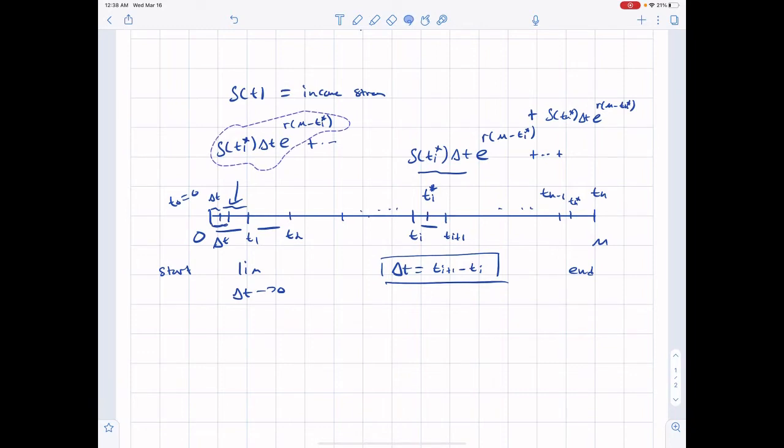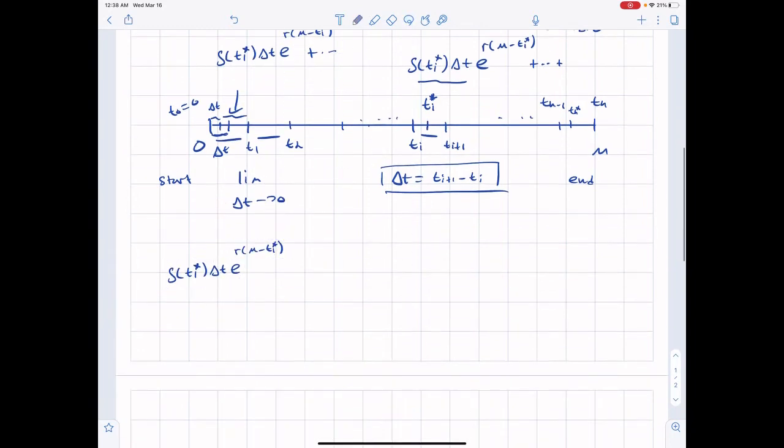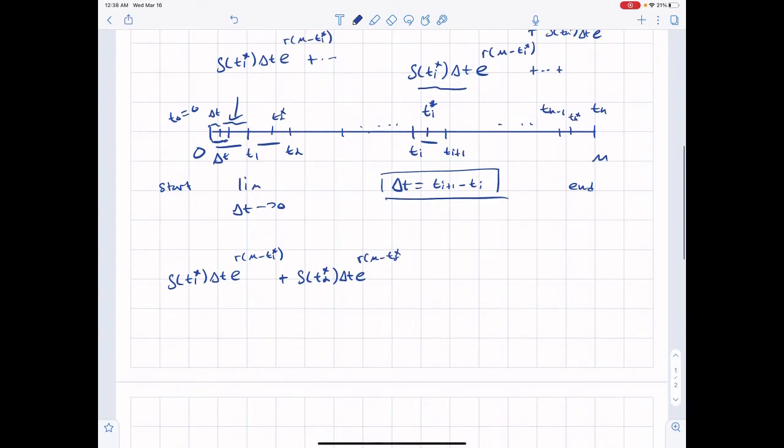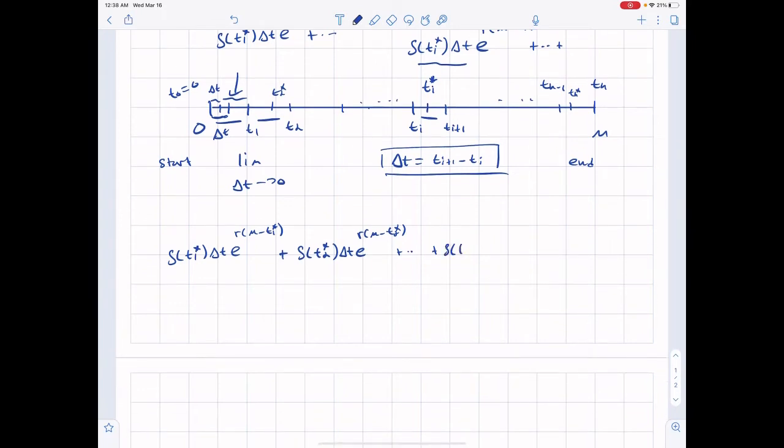And so I'm adding up all of these, and what am I going to get? Let me bring it down here so it's a bit clearer. I get the first one, and then I get the second one, S of t2 star, if this is the t2 star, it's in here, times delta t times e to the r, m minus t2 star, plus all the way through the ith one, S of ti star times delta t. And we're assuming the delta t's are all the same.